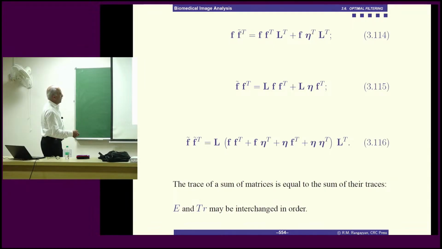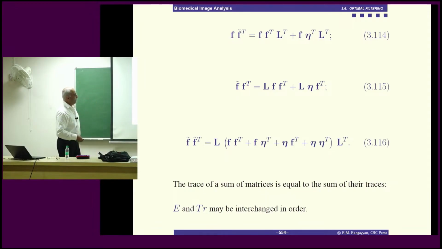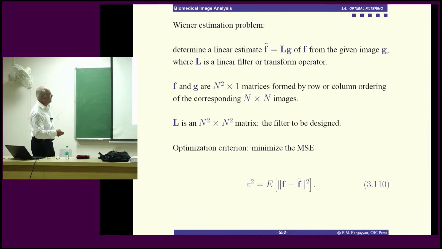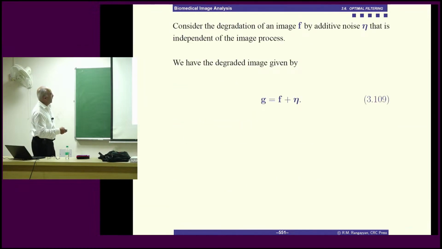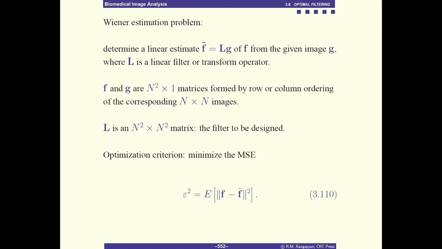Now, because G is F plus eta, you are getting these combinations of noise and signal, with one of them being transposed, and the noise also. Okay? So, go back here. We wrote G equal to F plus eta, and F minus F tilde. F tilde is LG. G is F plus eta.